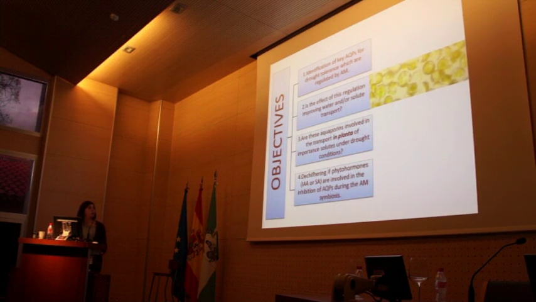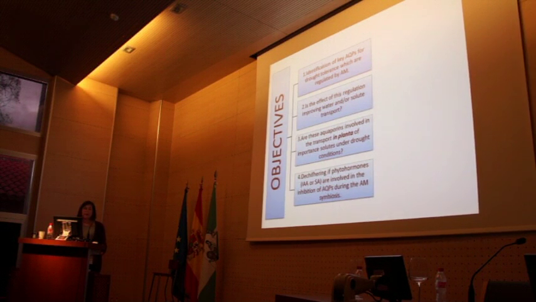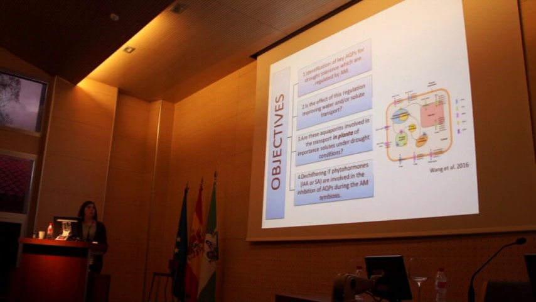We also want to know if these aquaporins are involved in the transport in planta of solutes of importance under drought. So as we know that these aquaporins could be transporting other solutes such as urea or boric acid, we want to know how they are performing under drought conditions with the inoculation.